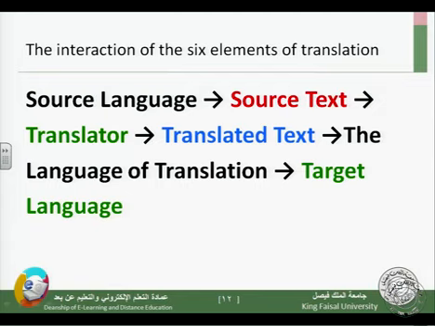And then we have the target language. Now all these elements should be really looked at in a package. You can't just deal with one on its own, no. As a translator, you need to be aware of all these elements, how they interact and how they affect one another.